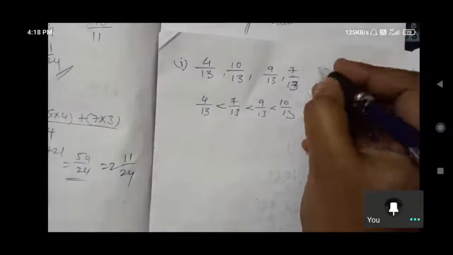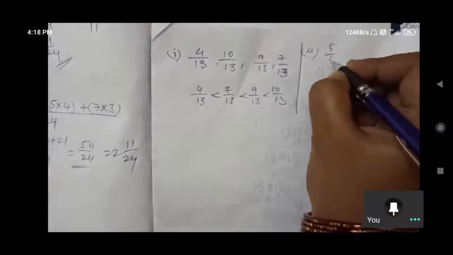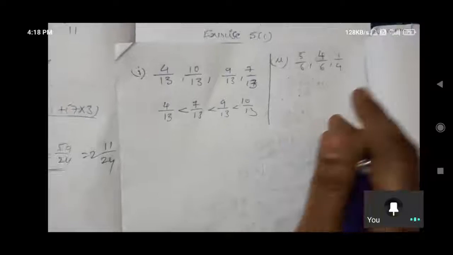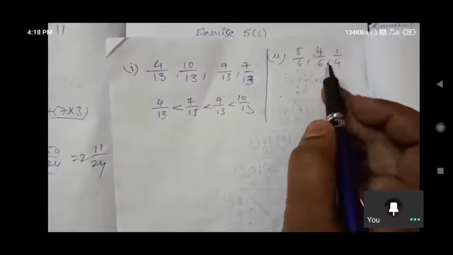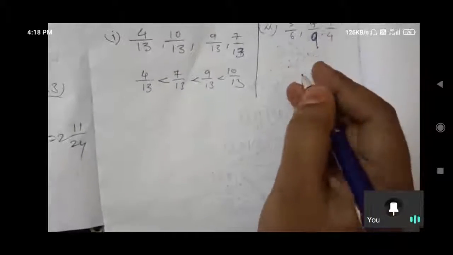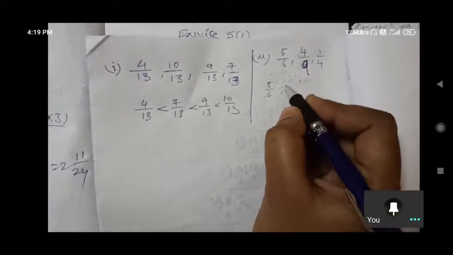And the next one is the second bit. Is this a like fraction or not? No, it is not a like fraction. So first compare these two. Which one is bigger? 5 by 6, 4 by 9.